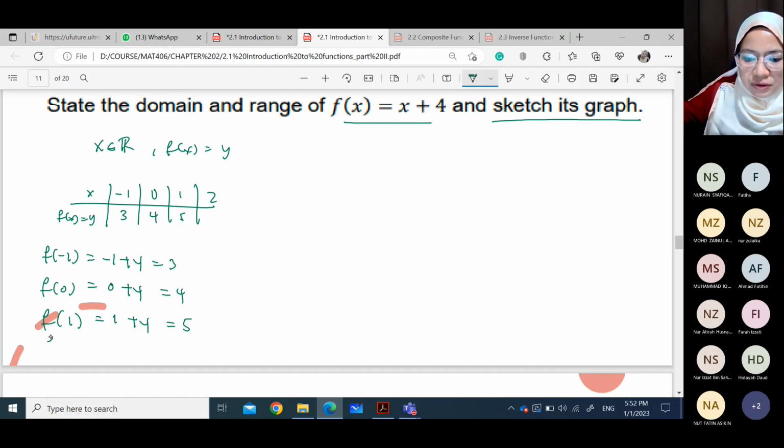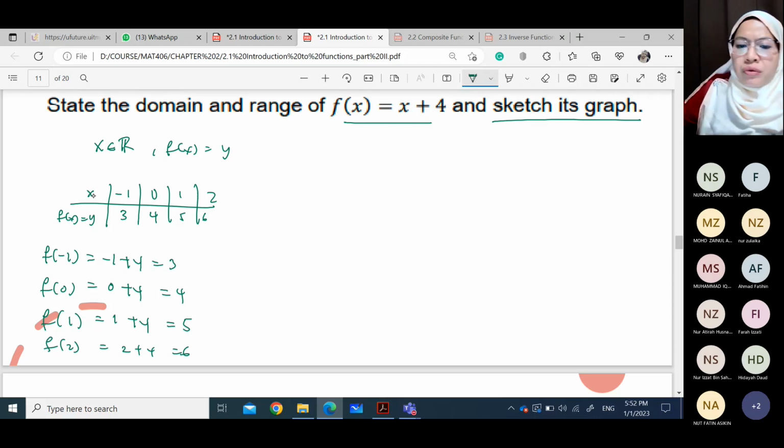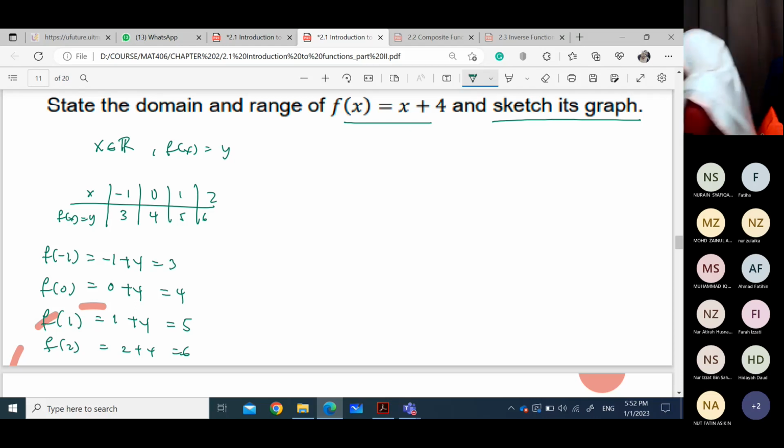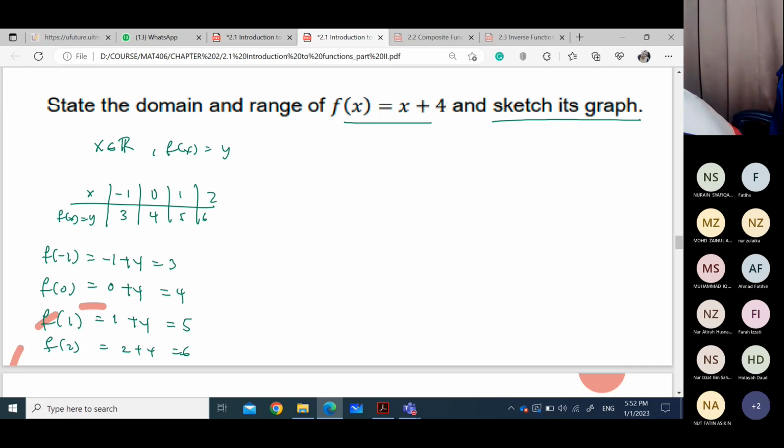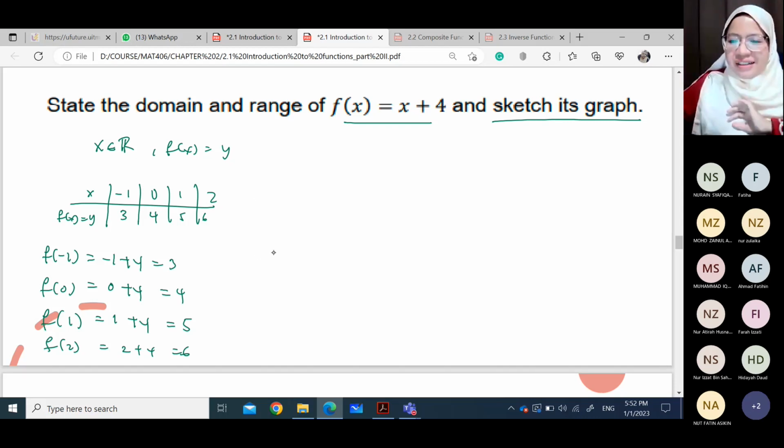Same with this, put in 2, so 2 plus 4 is 6. Okay, so now we have this.